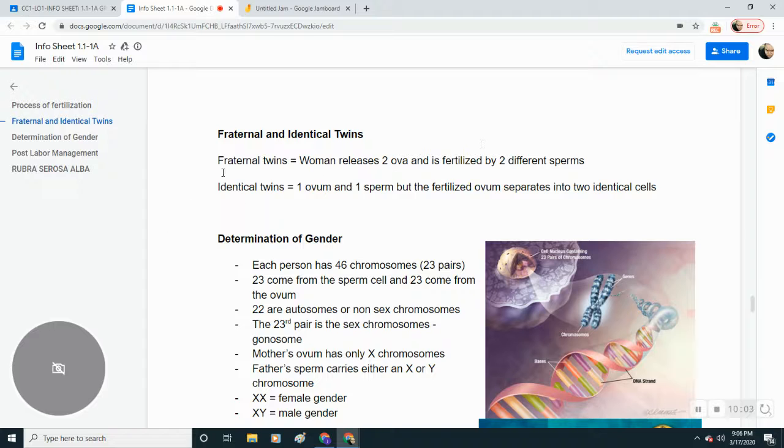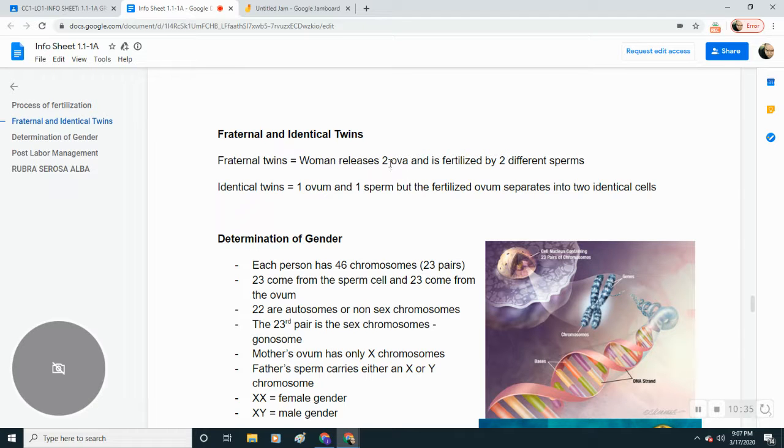Okay? What happens here? In fraternal twins, there are two eggs that are released in the ovaries. Two eggs. And they were fertilized by two different sperms. Okay? That's why hindi sila magkapareho, sabay pinanganak pero magkaiba yung itsura.